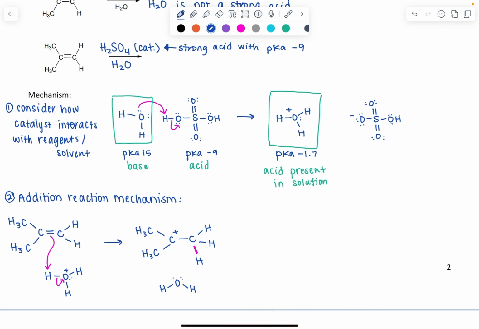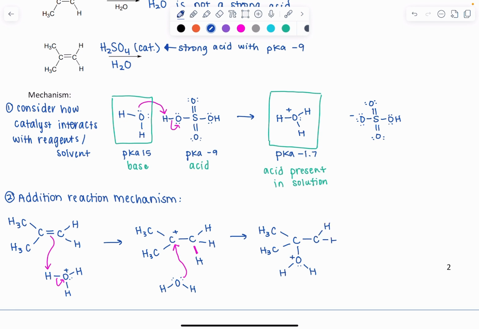And then we have water there. Now water, even though it's not negatively charged, that oxygen still does have those two pairs of electrons. And so this is what we'll add to that carbocation. That makes this oxygen positive.